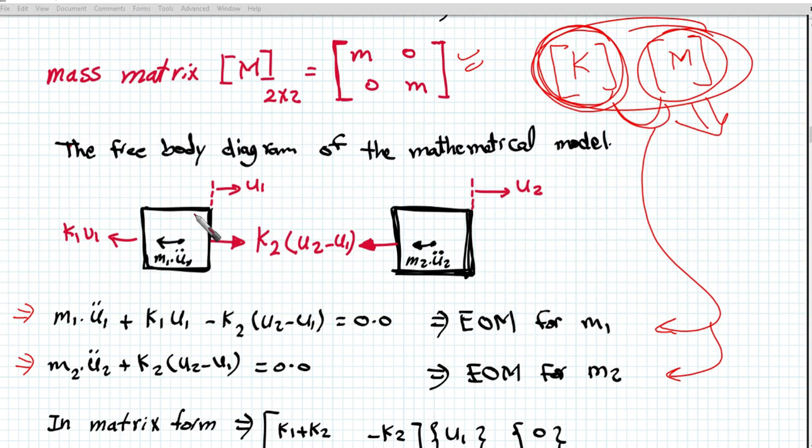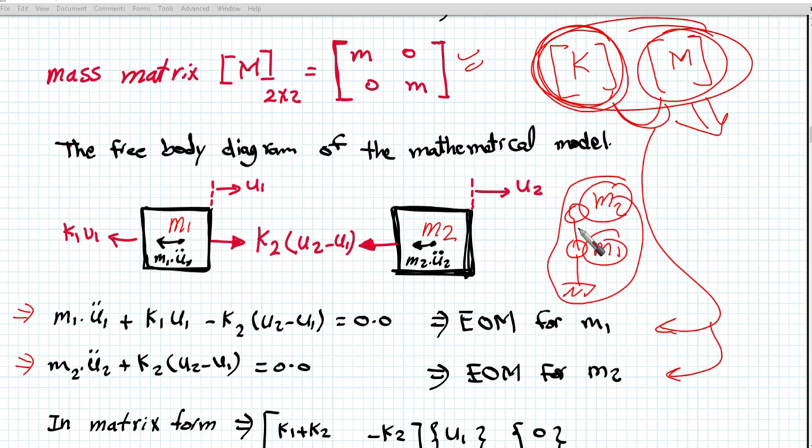So now we are going to put our masses. This is mass 1, here it is mass 2, because we have two masses, M1 and M2. We said that we can formulate it as a mathematical model and then free body diagram. Please revisit the previous video to understand the meaning of mathematical model and free body diagram for each mass. Now I'm putting the free body diagram of each mass.